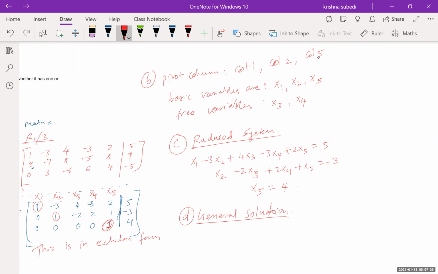Solve for the basic variables. The basic variables can be on the left hand side, but no free variable on the left hand side, okay? Maybe you can write x3 and x4 free here as well.